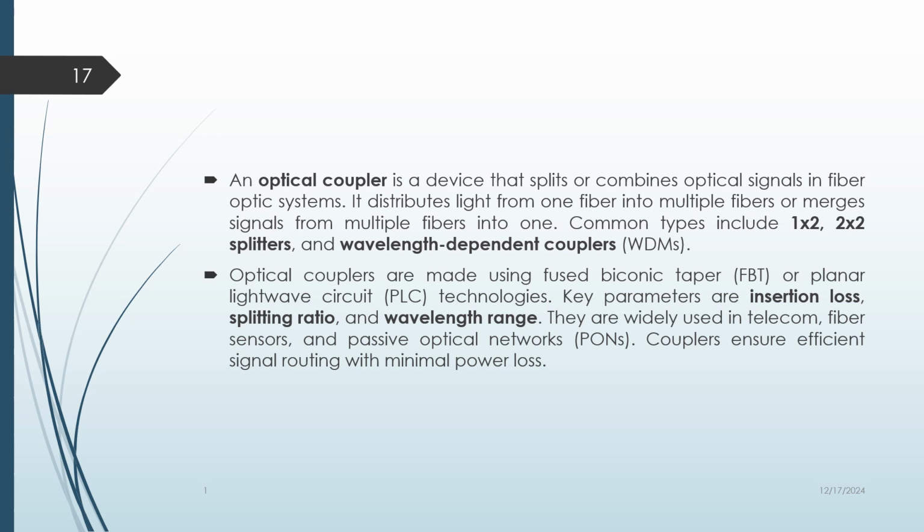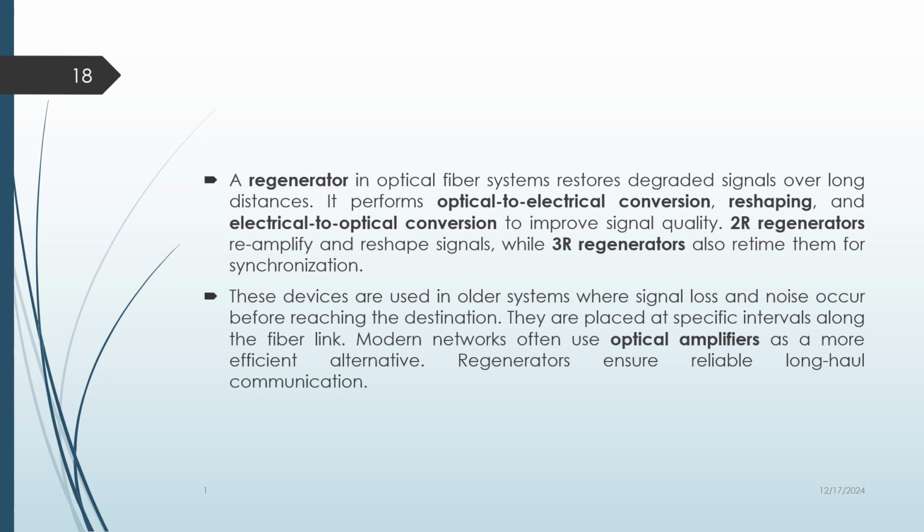Optical couplers are made using fused biconical taper or planar lightwave circuit technologies. Key parameters are insertion loss, splitting ratio, and wavelength range. They are widely used in telecom, fiber sensors, and passive optical networks. Couplers ensure efficient signal routing with minimum power loss.